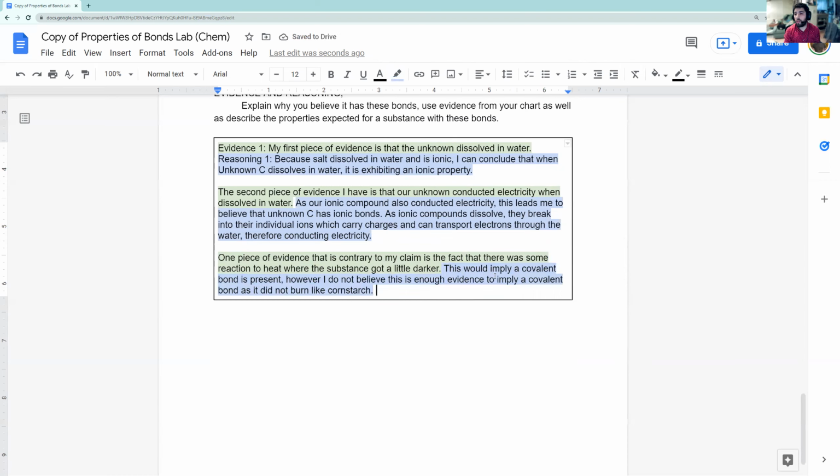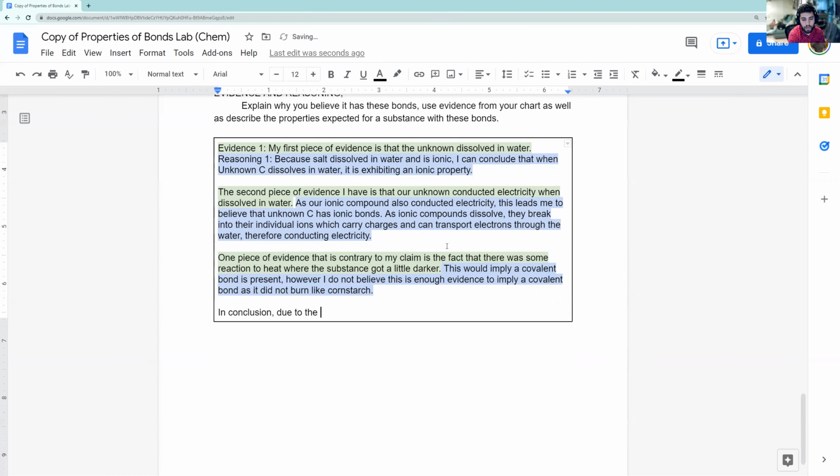So when you finish this, you can leave it like this. You can always write a little conclusion statement. In conclusion, due to the first 2 properties listed above, unknown C is likely ionically bonded.